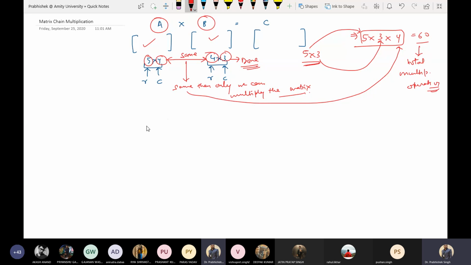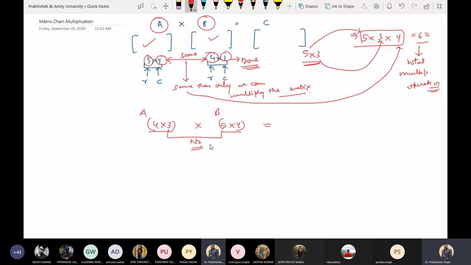I will take one more example. Let's say the dimension of matrix A is 4 into 3 and the dimension of matrix B is 5 into 4. Can we multiply these two matrices? Yes or no?